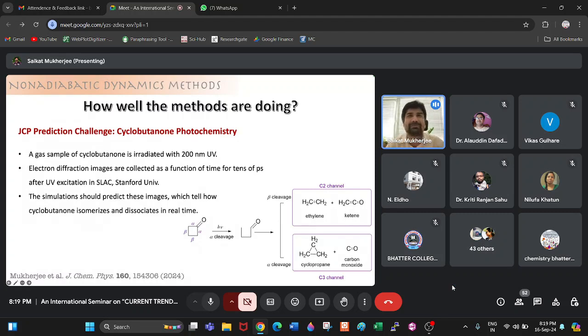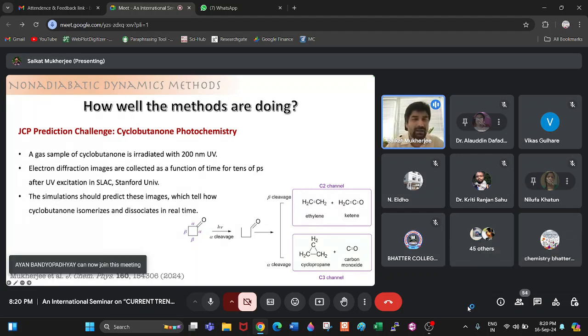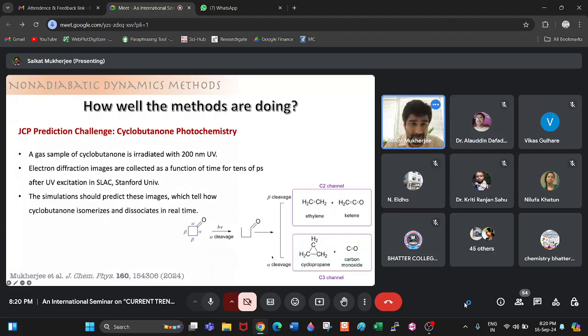And then JCP told us, so this is the experimental setup JCP told us. Us means those of us doing photochemistry all over the world. Then we have to simulate, we have to predict what will happen in the experiment. So we all submit our results.